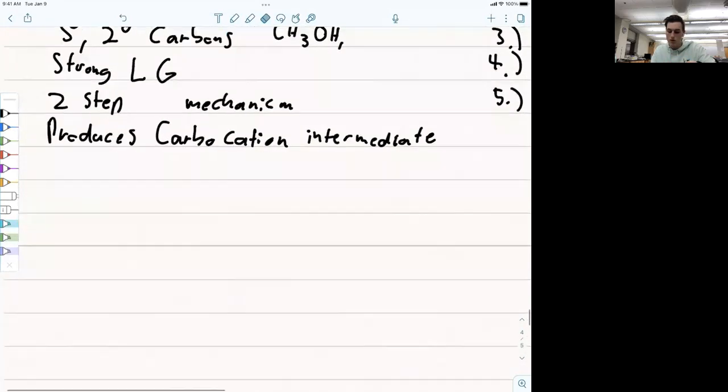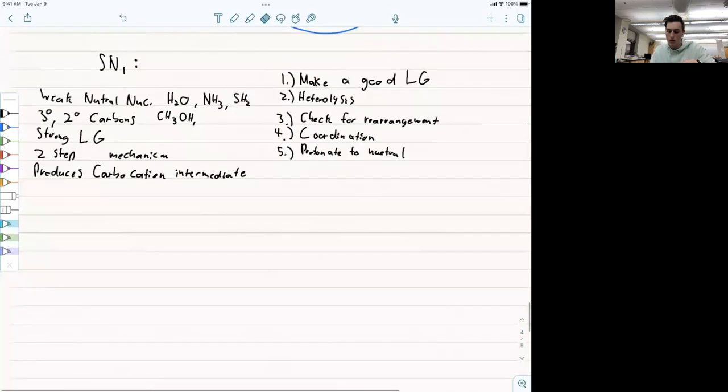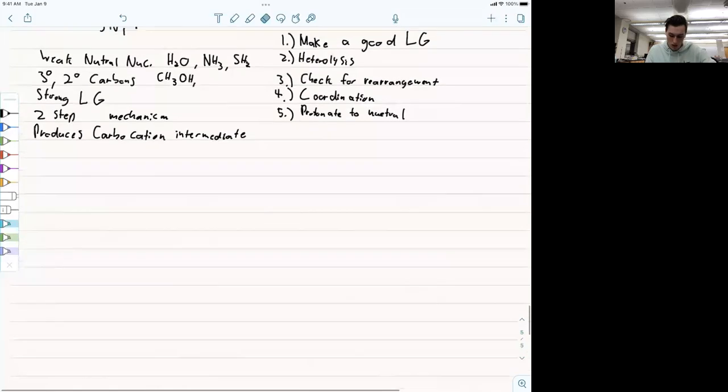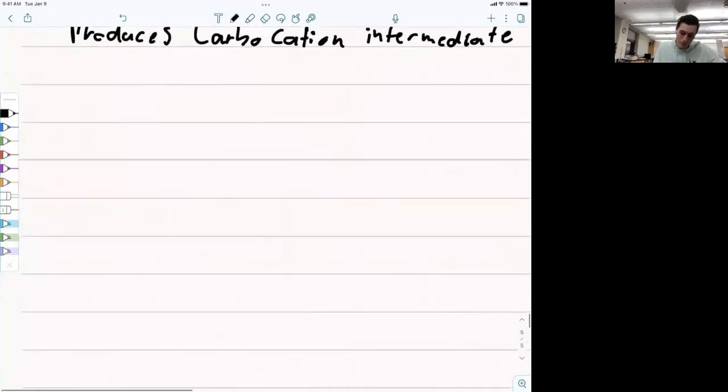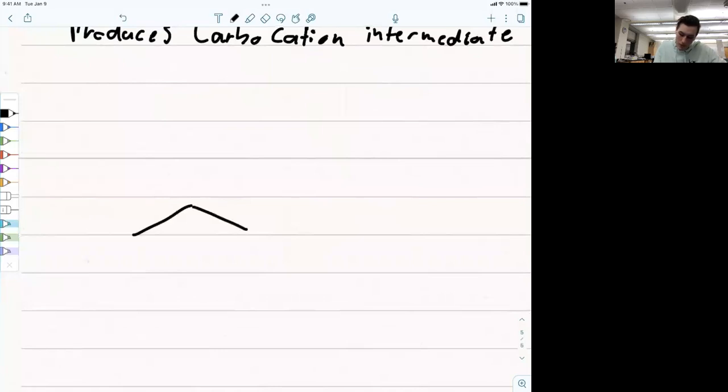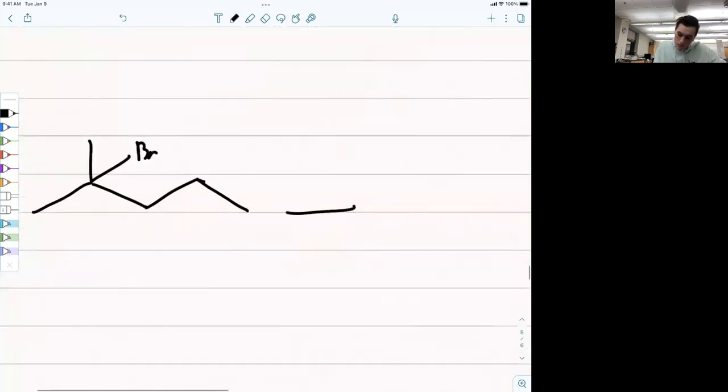And then we have our mechanism over here. So let's go through this. I'm going to write this like this.